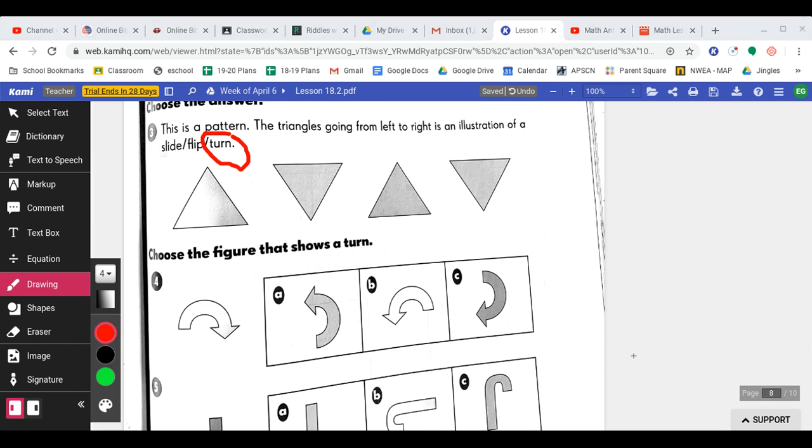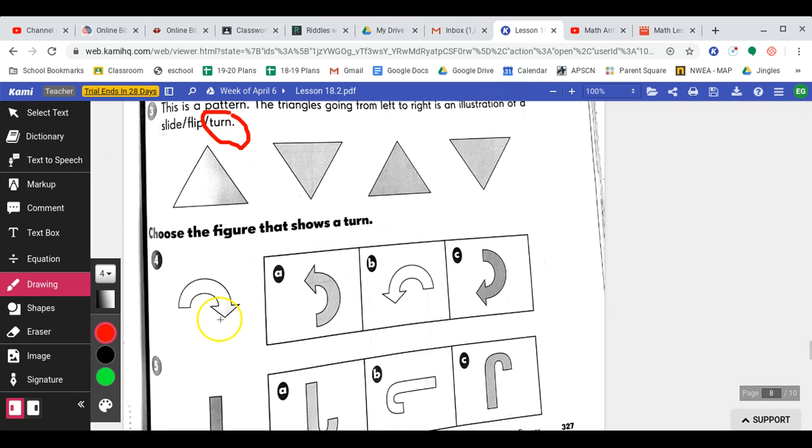Which of the figures shows a turn? Okay. Think of this as going around in this direction. The arrow should always be going in this clockwise direction for the turn. So, does this show a turn? Nope. This? Nope. Does this one? Yes.